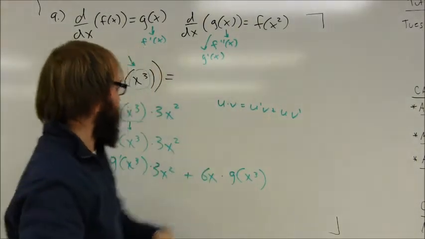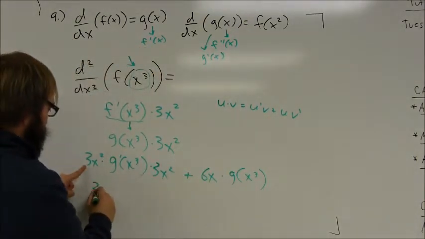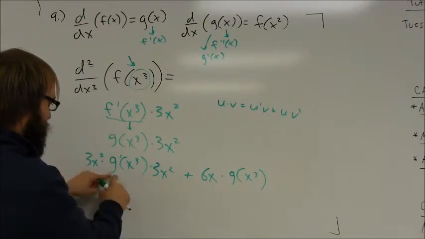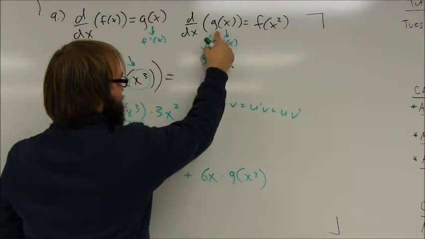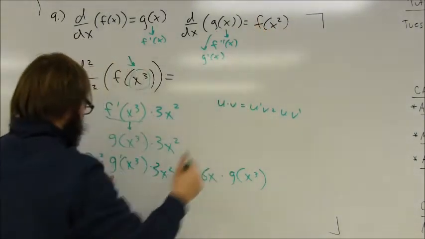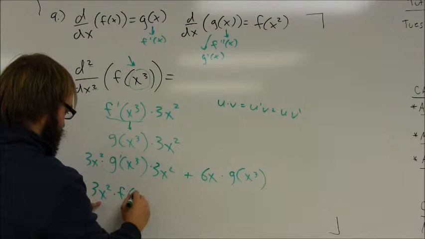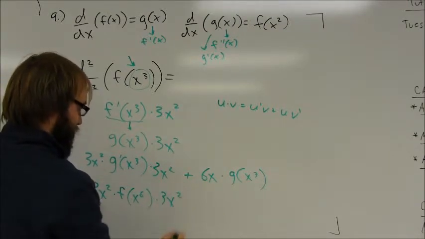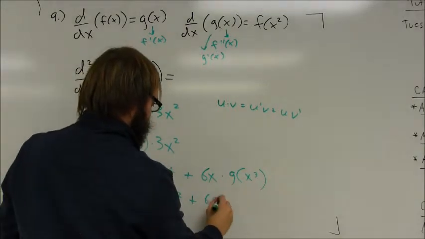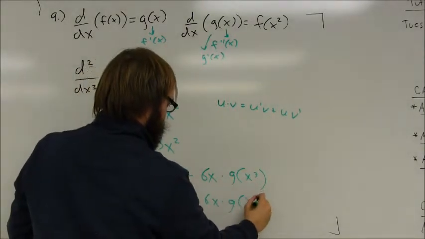That inside function has to be squared. Okay, so I'm going to have a 3x squared. I'm going to replace this, g prime, derivative of g, with f of the inside function squared. A times 3x squared, and then I have plus 6x times g of x cubed here.